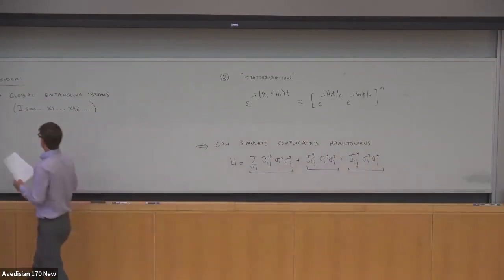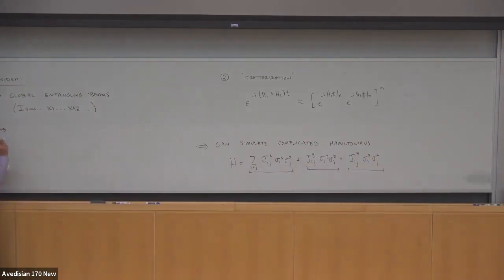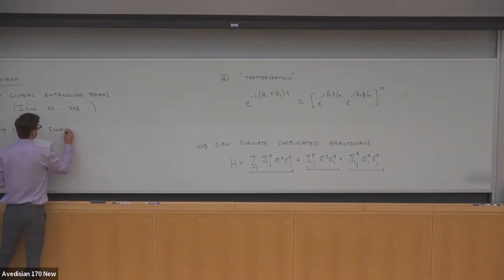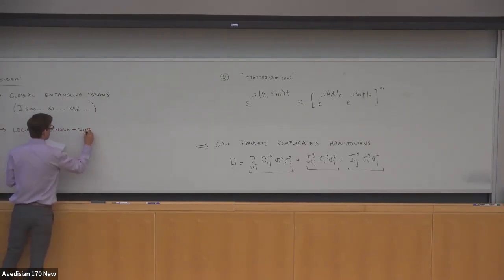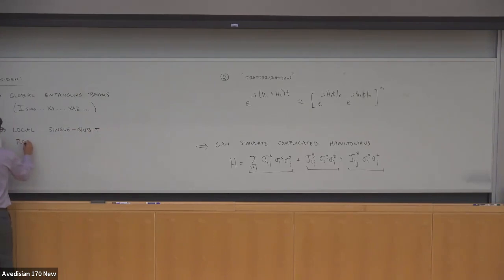But now what I'm going to add is, instead of having global rotations, I'm going to loosen that restriction just a little bit. I'm going to allow for local single qubit rotations. It's a real small shift.